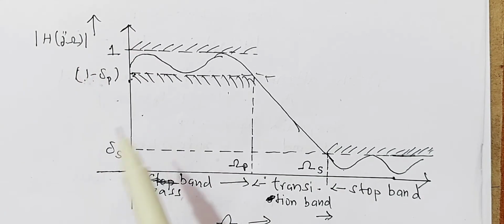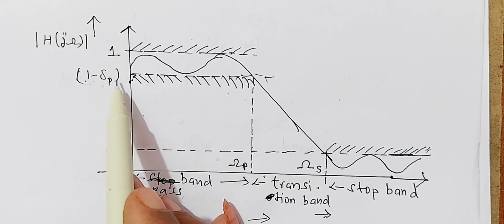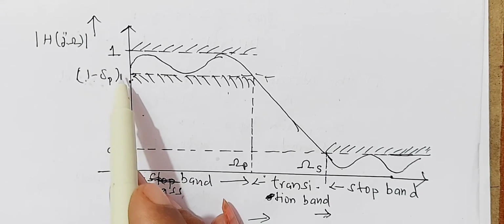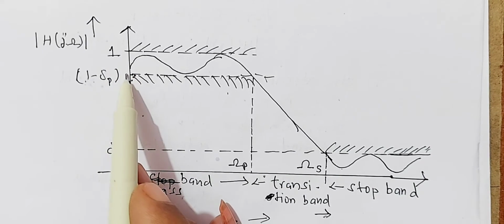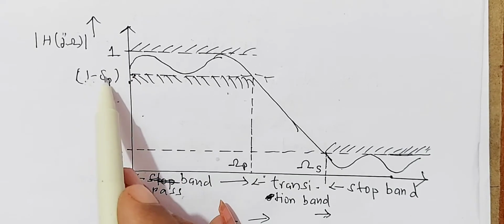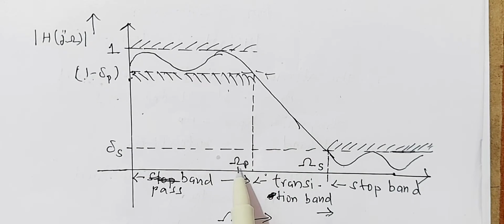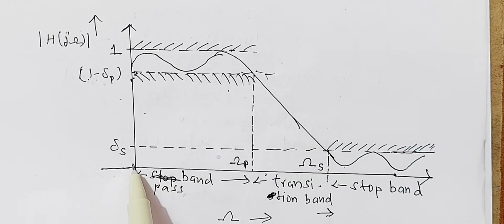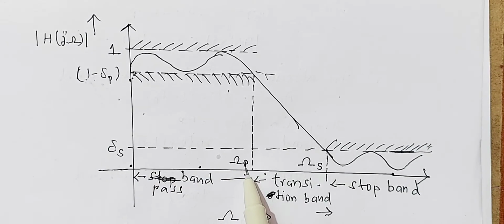So, 1 minus delta p is less than H of j omega, which is less than 1. The H of j omega value between 1 minus delta p and 1 is for the frequency omega p, called the pass band frequency. Here the frequency is 0 less than or equal to omega less than or equal to omega p.